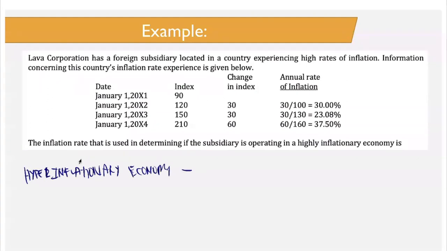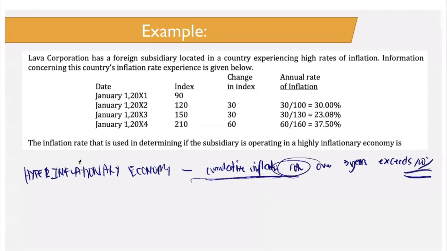We can say it is hyperinflationary if the cumulative inflation rate over 3 years exceeds 100%. Cumulative inflation rate exceeds 100% for the 3 years.